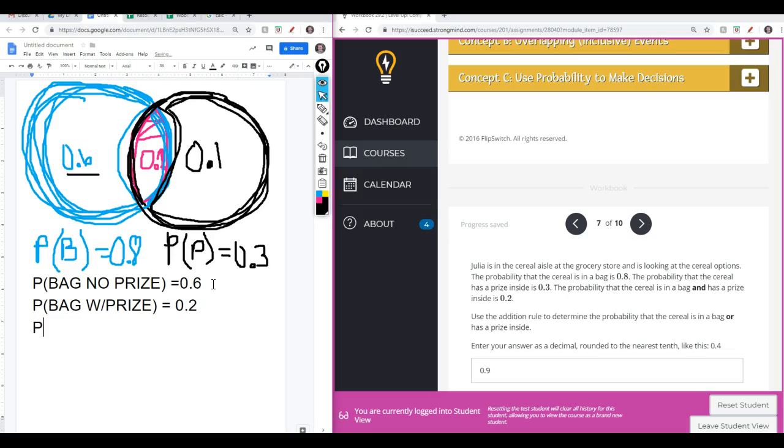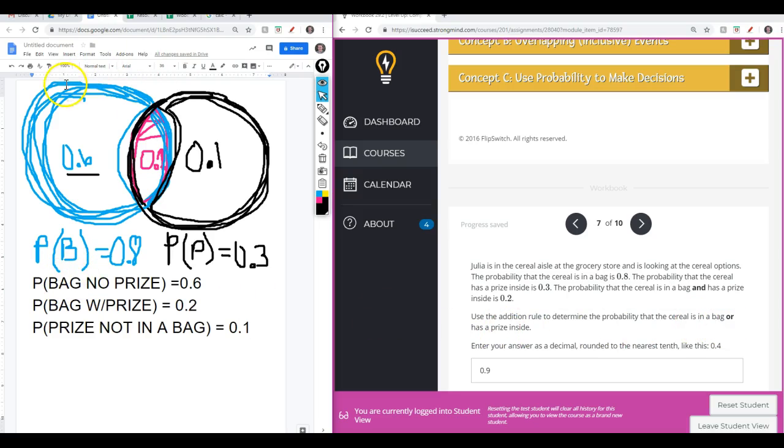And the probability of it being a prize and not in a bag is equal to 0.1. So if you look at that, 0.6 plus 0.2 is 0.8 plus the probability of 0.1 is 0.9. How does that meet the requirement that the cereal is in a bag or has a prize inside?